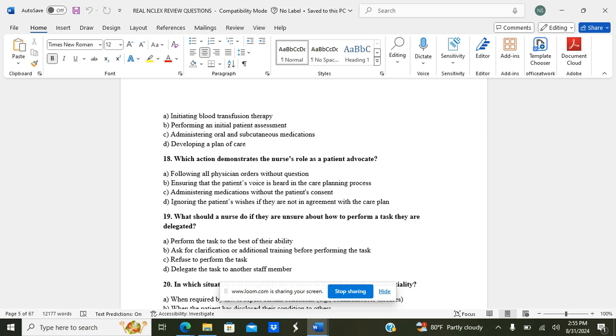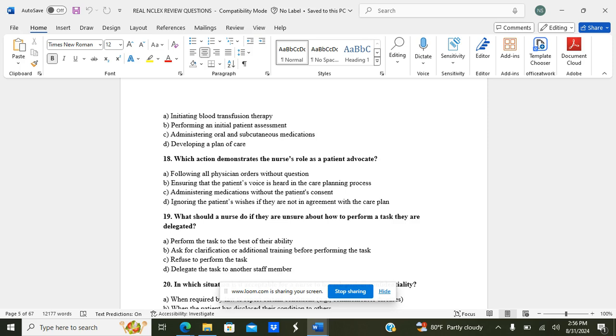Let's see. Part A, following all physician orders without question. No, you cannot do that, nurse. A nurse cannot follow the physician's orders without question. B, ensuring that the patient's voice is heard in the care planning process.